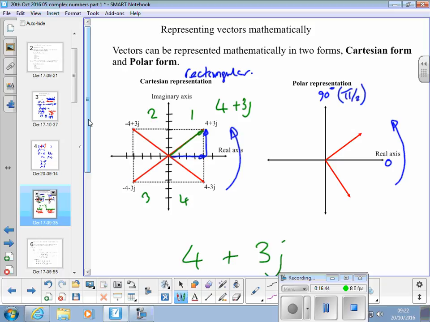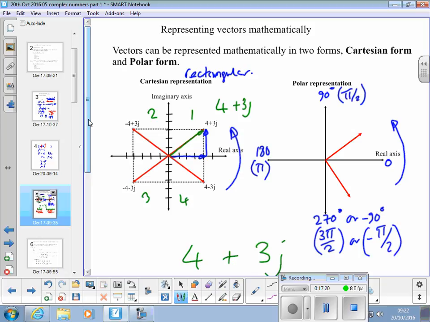And again, with this work, we're going to need to be careful that we've got our calculators either in radians or degrees mode, depending on whether we're working with angles in radians or degrees. Over here, 180 degrees or pi radians. Down here, we can have 270 degrees or minus 90 degrees, which is 3 pi over 2 radians or minus pi over 2 radians, whichever way you want to work.